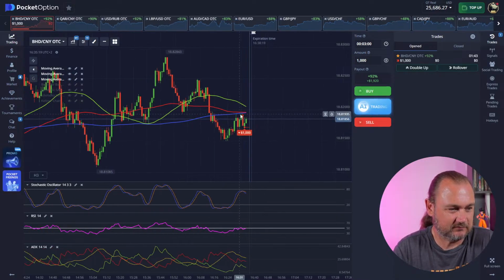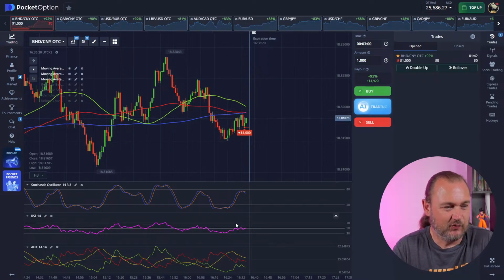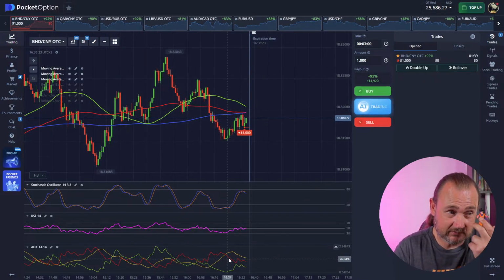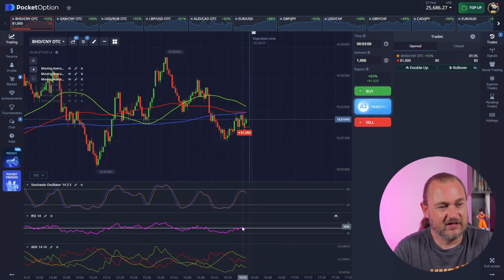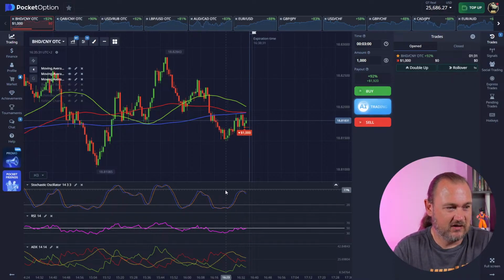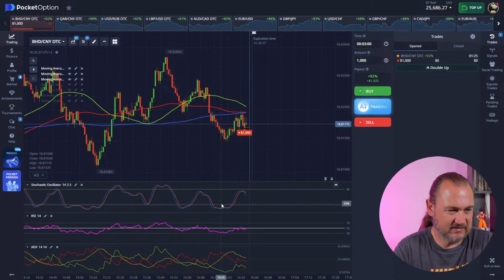On this one we had the DI minus dropping, we had the RSI failing to break through the 50 line. We also had a little bit of hidden bearish divergence on the stochastic.